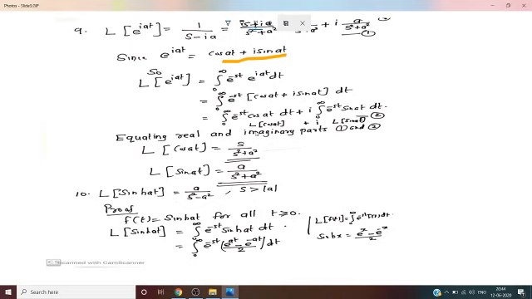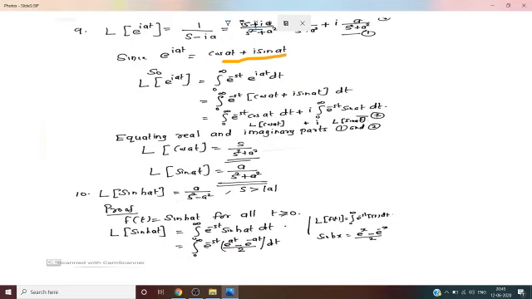Nice. Now splitting this, integral 0 to infinity e raised to minus st into cos at dt plus i into integral 0 to infinity e raised to minus st into sin at dt. The first integral is the Laplace transform of cos at and the second integral is the Laplace transform of sin at.